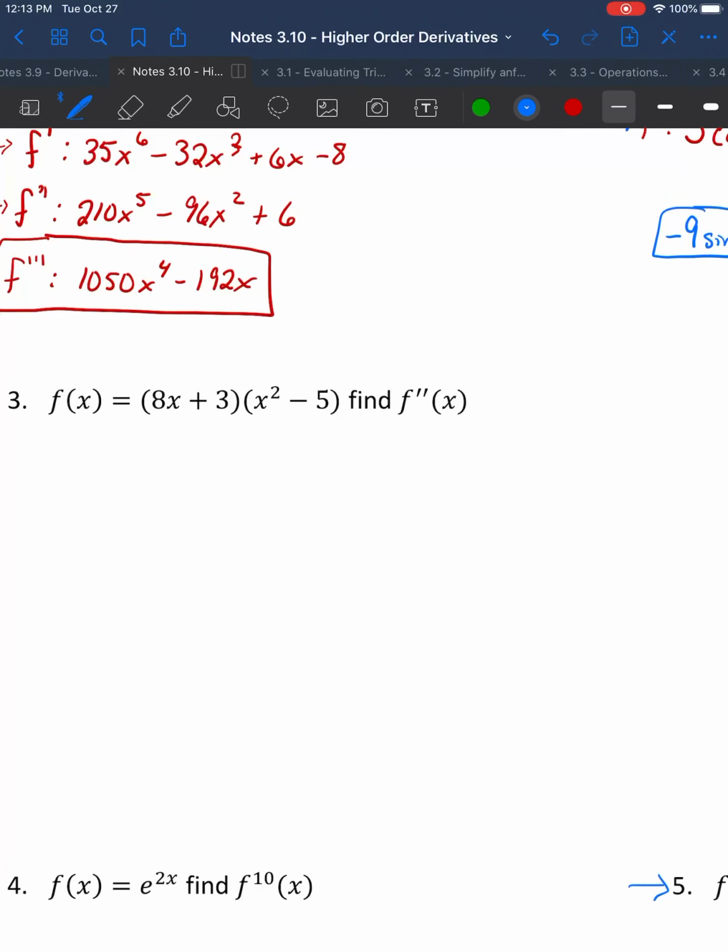So number 3, yes, I'm asking you for a second derivative, but I've also given you a product rule. So first derivative, we're going to take the product rule, derivative of the first, times keep the second. Plus keep the first times derivative of the second. And then I'm going to clean all this up a little bit.